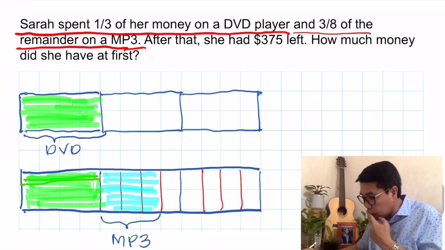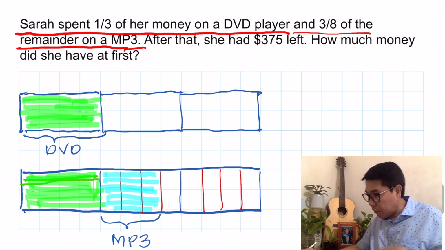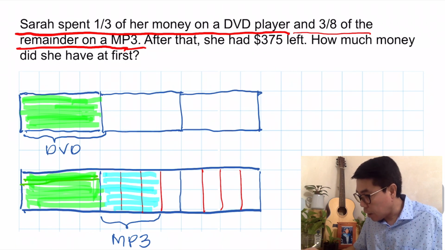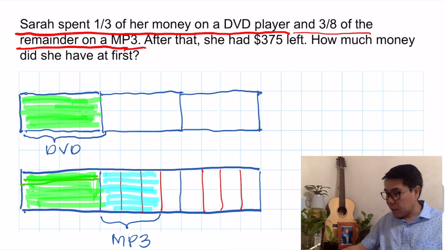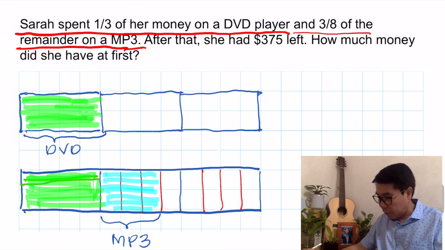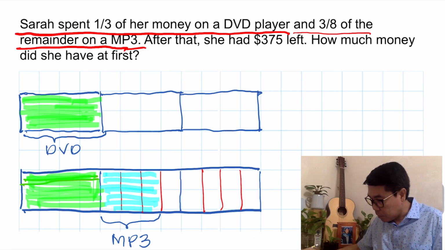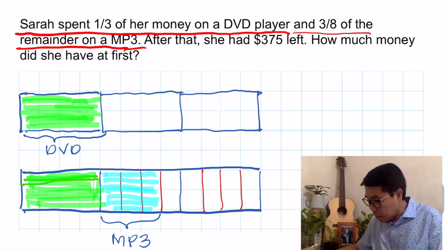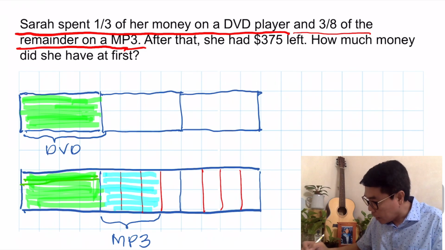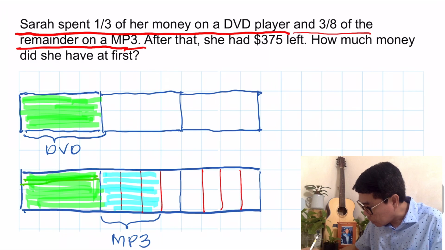After that she had $375 left. So the 3/8 and then the 375. This one is left.